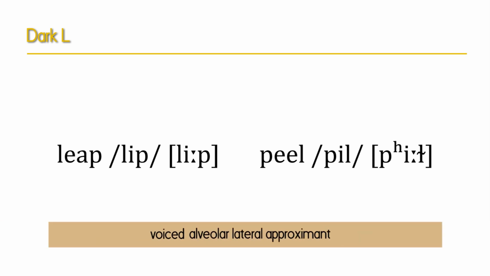Of course it's voiced. There's no voiceless, so I'm going to drop the voicing feature. So it's the voiced alveolar lateral approximant. But this one is also a voiced alveolar lateral approximant, but it's velarized. So the L here is pronounced slightly differently.